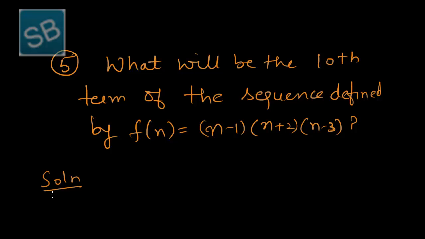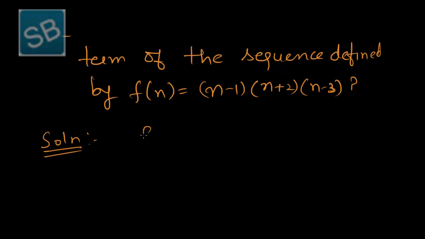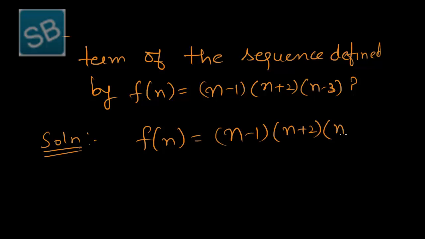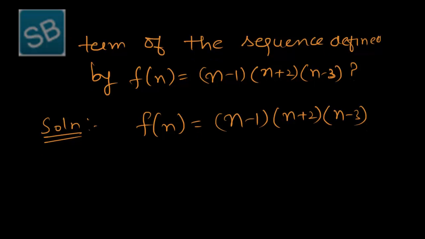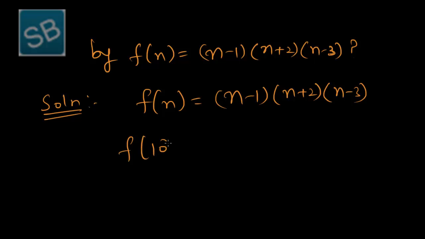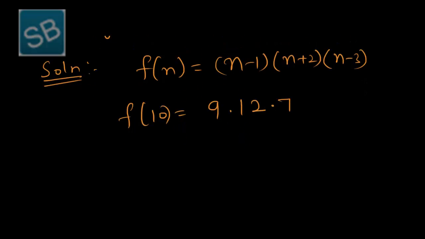Now as we have to find f of 10 and we have f of n is equal to n minus 1, n plus 2, n minus 3. So f of 10 is equal to 10 minus 1 is 9, 10 plus 2 is 12, 10 minus 3 is 7. So on multiplication we get 756. So the 10th term of this sequence is 756.